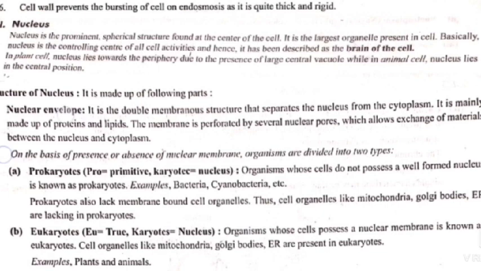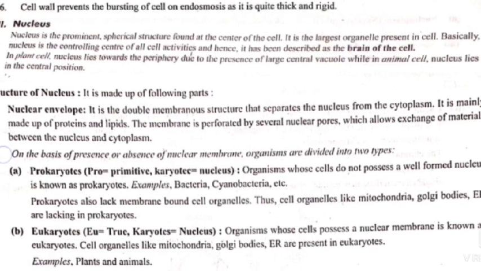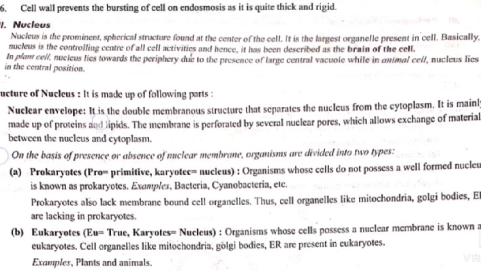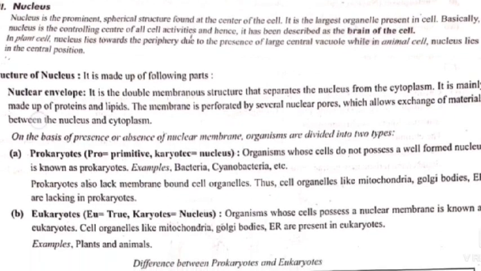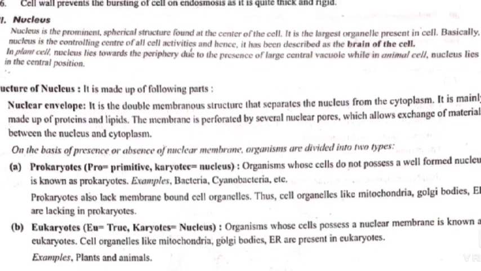Nuclear envelope: it is a double membrane structure that separates the nucleus from the cytoplasm. It is mainly made up of protein and lipids. The membrane is perforated by several nuclear pores which allow exchange of material between the nucleus and cytoplasm.